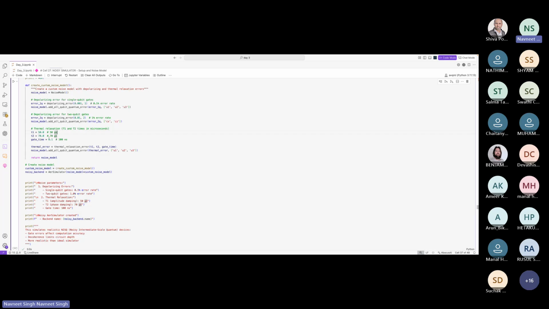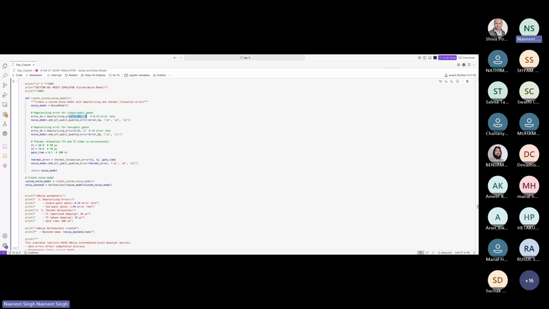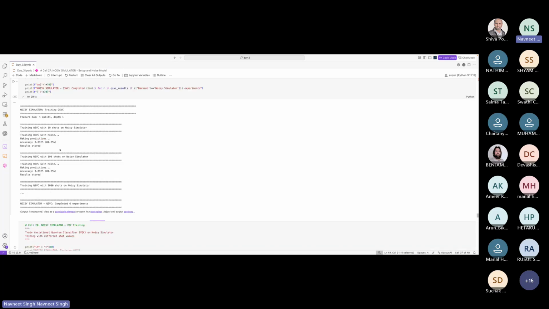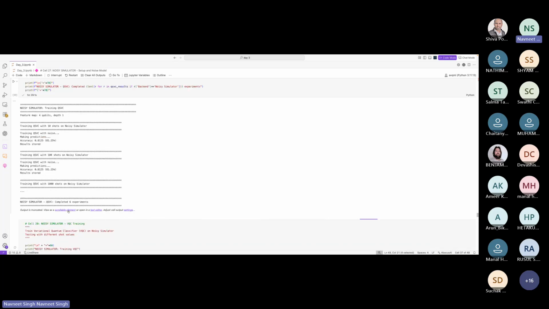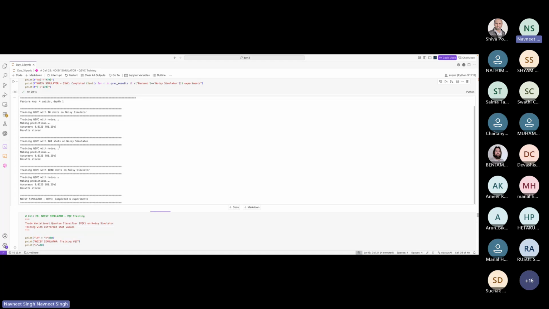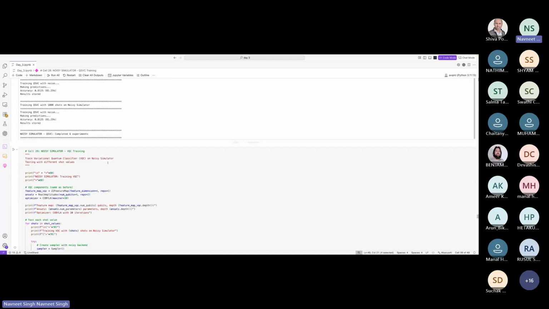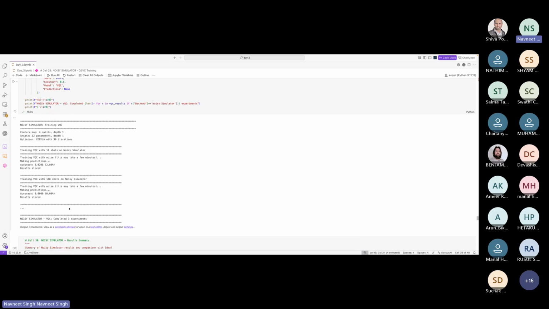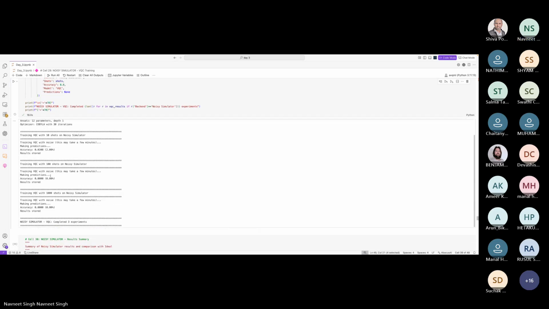You can play with these numbers, the T1, T2, and the depolarizing error rate. The more you increase, the more degradation you can see in the performance. In this particular example, it does not show anything for us. You can see here the accuracy further decreases, and for the other two, it does not work at all.